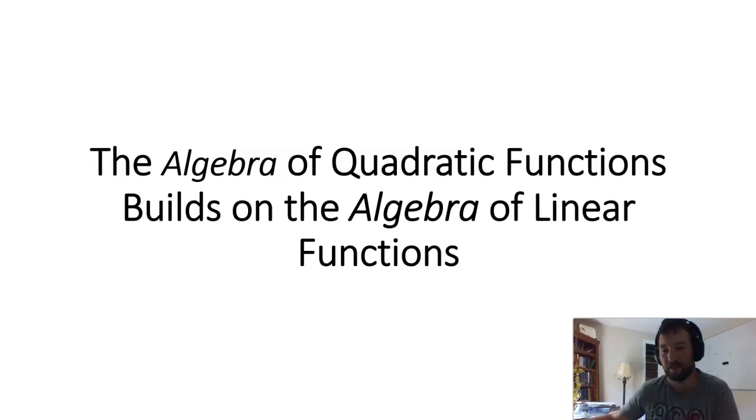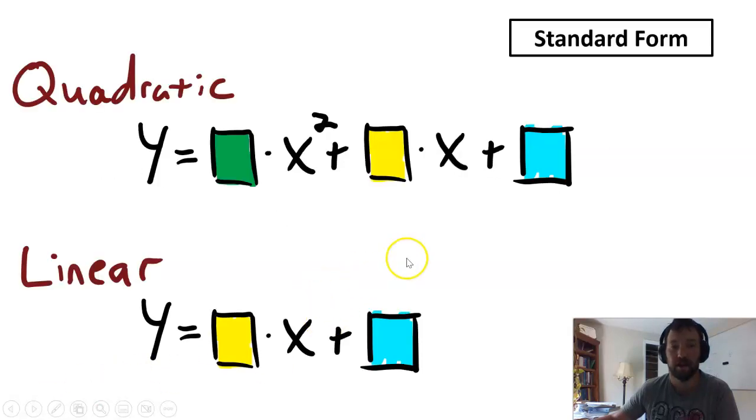Almost all of algebra is just coding the rules of numbers into this concise little language. Okay, so this is the point. Since the quadratic number patterns build off of the linear number patterns, we'll see that the algebra of quadratics builds off the algebra of linears, and here I've represented it.